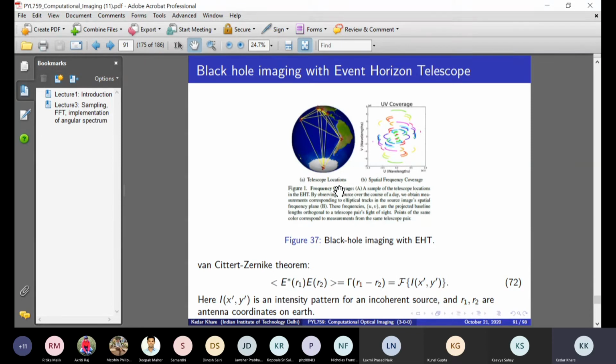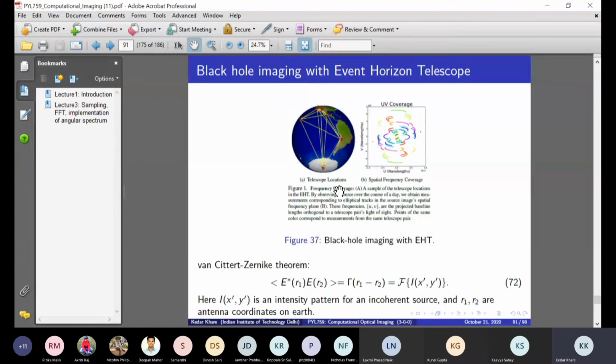And what is interesting about this theorem is it also says that this correlation function is actually the two-dimensional Fourier transform of this I(x',y'). So if I(x',y') is a pattern, the black hole image that I'm trying to recover, then I can take a 2D Fourier transform of that, and R1 minus R2 will be vectors in Fourier space.